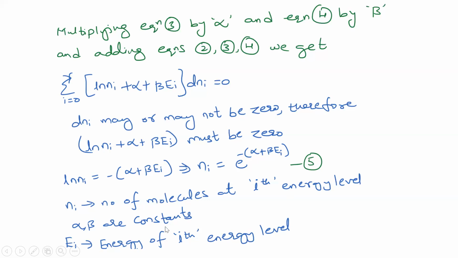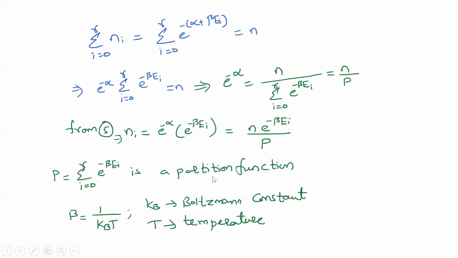Here alpha and beta are constants, and Ei is the energy of the ith energy level. So the number of particles present at a particular energy level depends on its energy, as you can see from the relation between Ni and Ei.